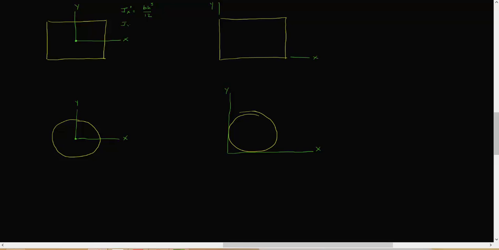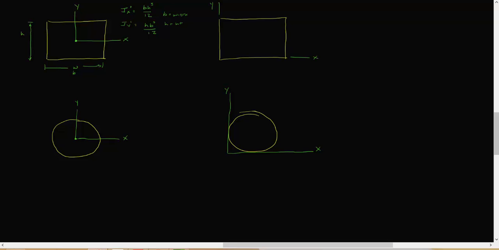And Iy prime, the moment of inertia about the y-axis, we'll call this HB cubed over 12, where B is the width and H is the height. So this is your height and this is your width or your base. So that's how that is calculated.